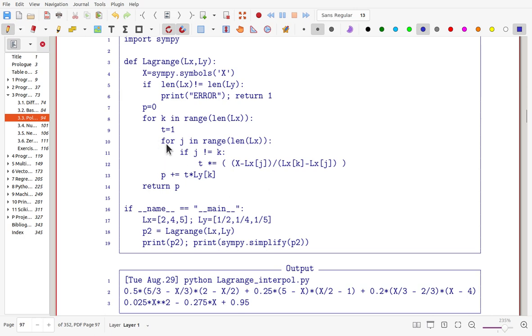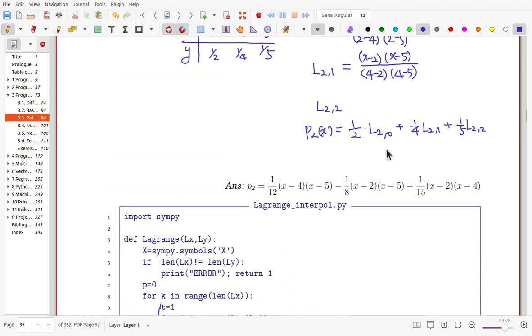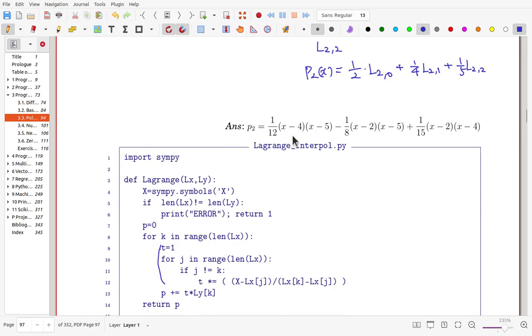Okay. Now we try to get the polynomial, start with 0, and we add them. And here, this inner loop, for each term like this one, we start with t equal to 1.